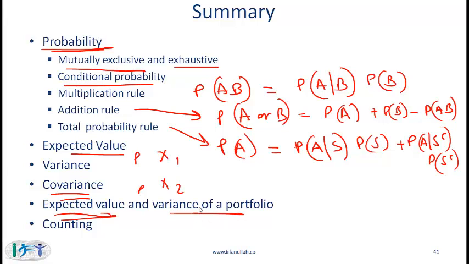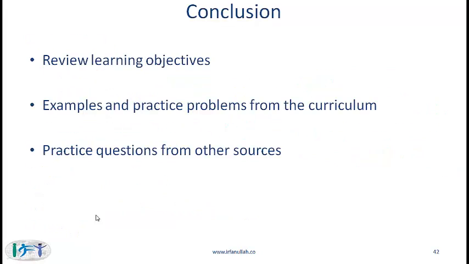Variance of a portfolio involves knowing the covariance between the different elements of the portfolio, the weightage of each element, the standard deviation of returns, and so on. And then finally we talked about counting, which involved permutations, combinations, and labeling. This is fairly straightforward. So that is it.